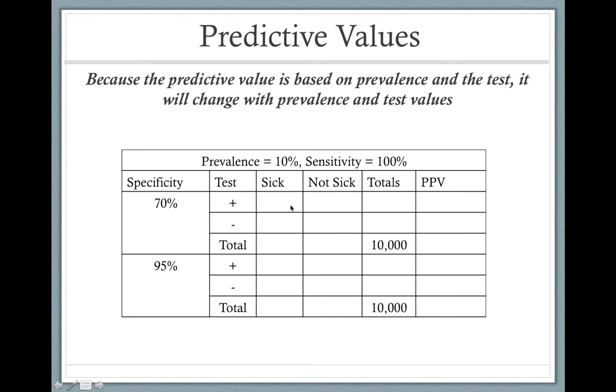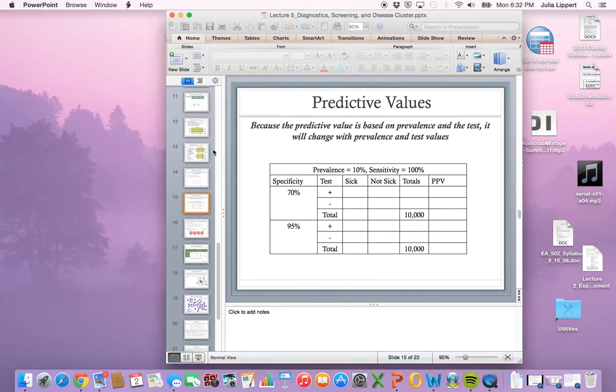And then because we know the specificity here at 70, we have 9,000 times 0.7, so that'll give us 6,300, and those are the people here, the true negatives. And then it's just a matter of subtracting values to get the rest of your totals. I'm going to pause there for a second and switch it over.